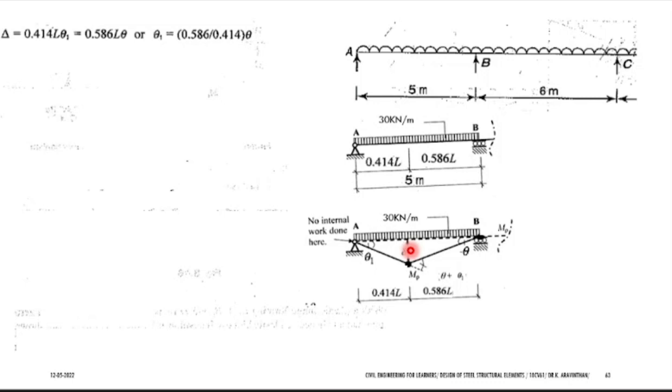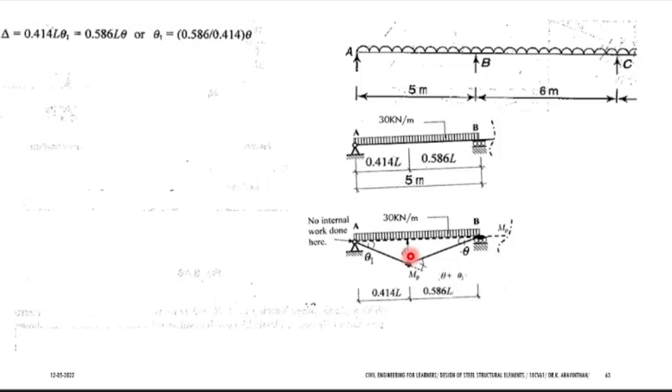Now, what is your load here? 30. A uniformly distributed load of 30. What is the area? It is the area of this triangle. How to find the area of the triangle? Half BH, 0.5 into what is the base? Base is 5 meter and what is the height?